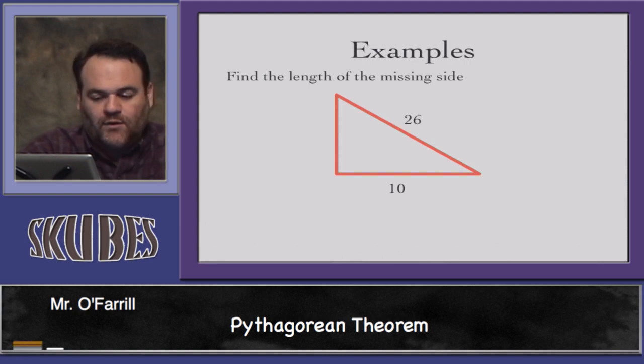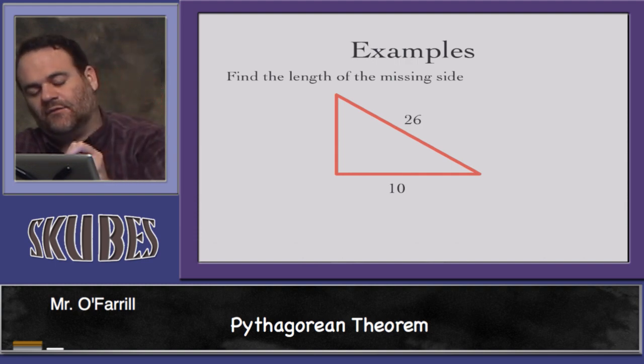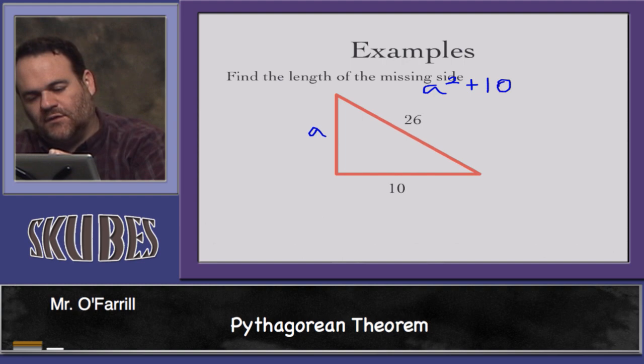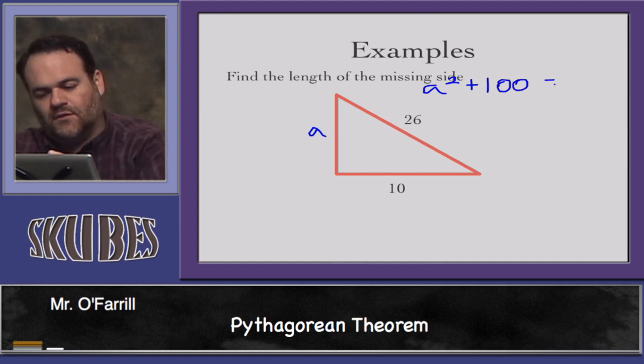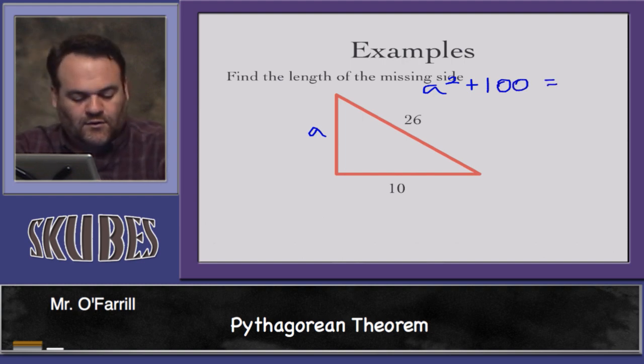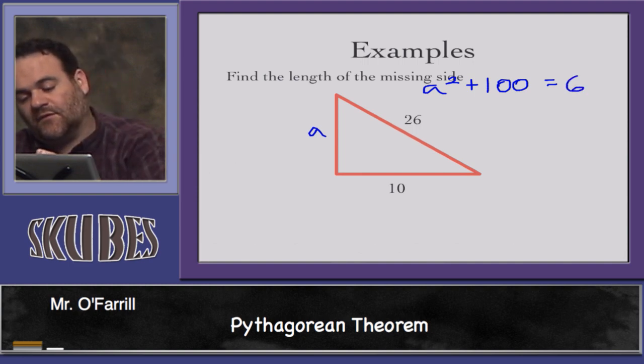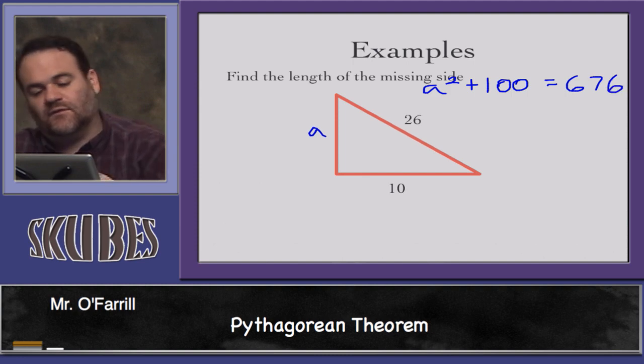Now, of course, we can apply it slightly in reverse as well. In this problem, we already know the hypotenuse. What we're looking for is one of the other legs. But again, the same thing applies. Let's just call this a. We're saying that a squared plus 10 squared, which is 100, equals 26 squared. 26 squared is 676.